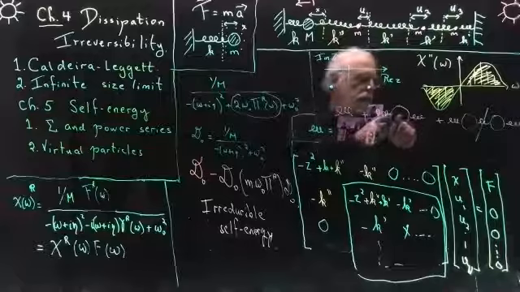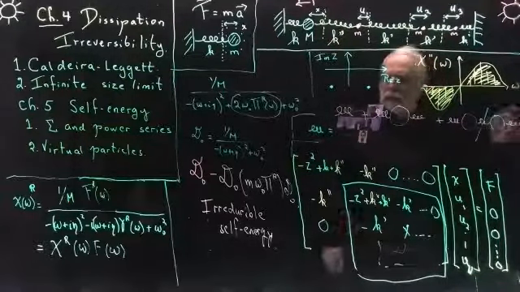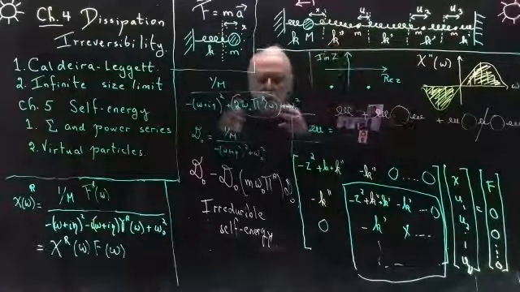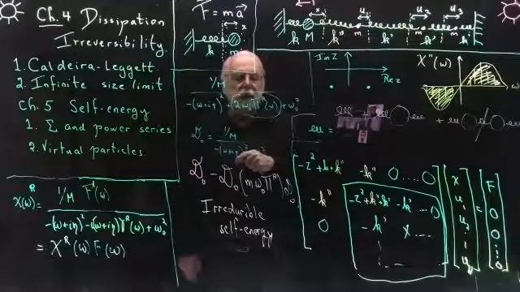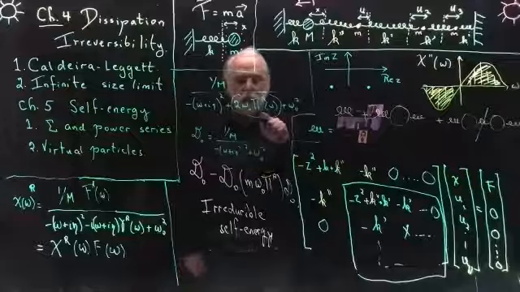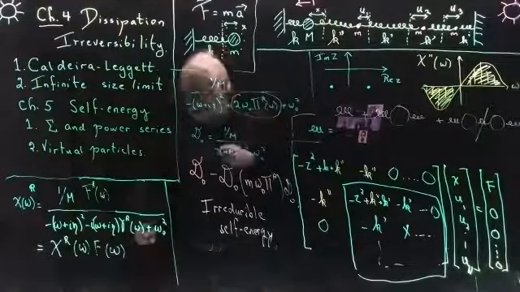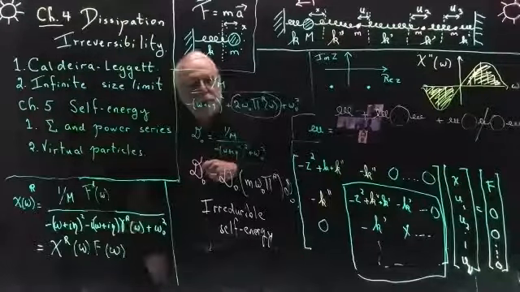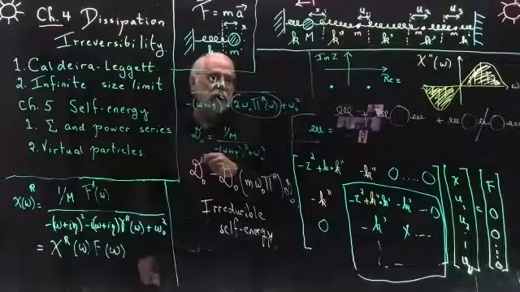You get k double prime square, k double prime 4, k double prime 6, etc. But it's much better to put it in the denominator and expand this in powers of k double prime. Why? Because here you can hide your ignorance. You can do some approximation where you can just replace this, for example, by a damping constant in some cases where you cannot do a more detailed calculation.